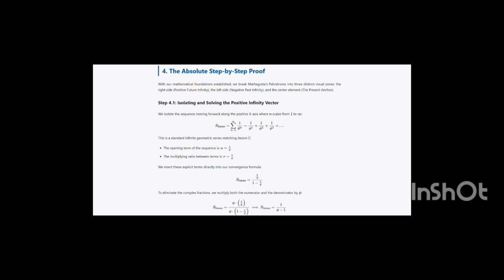Now to eliminate the complex fractions, we must multiply the numerator and denominator by phi. So S future equals phi into 1 by phi, whole divided by phi into (1 minus 1 by phi) bracket. So S future equals 1 by phi minus 1.